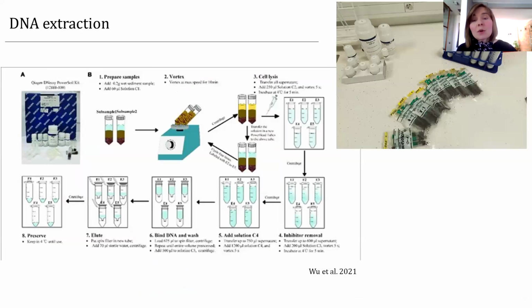Here you see an example of the protocol of one of the commercial kits. There are several commercially sold kits prepared for isolating DNA from sediment, and basically the extraction of DNA is just a series of washing and centrifuging with different buffers, just to remove from the sample everything that is not DNA. So finally, you can get a clean DNA extract.